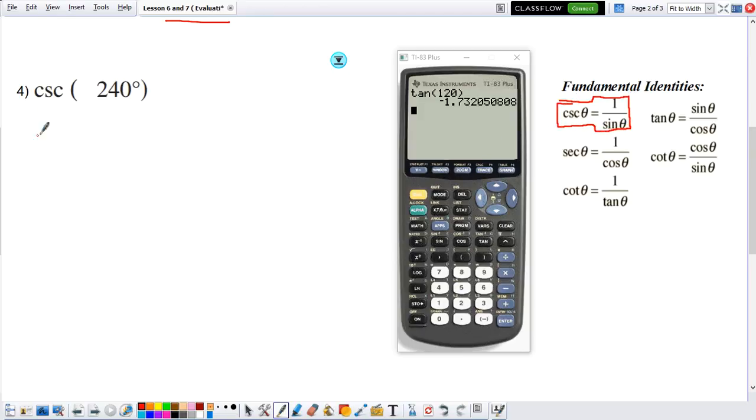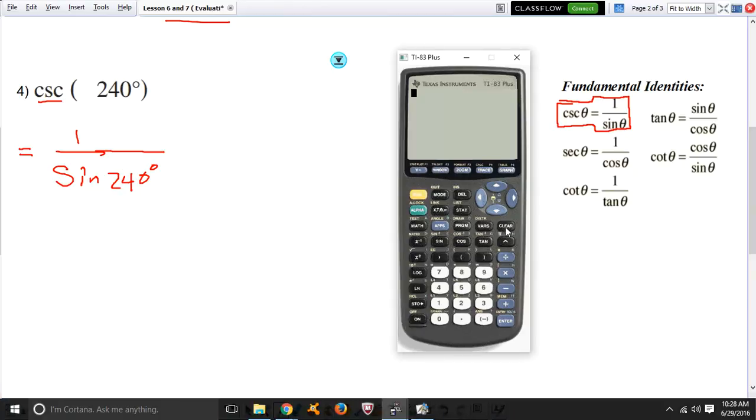So cosecant of 240 is the same as 1 over the sine of 240, because cosecant is equal to 1 over sine. Now that it's written in terms of sine, I can actually use my calculator to find the numerical value.